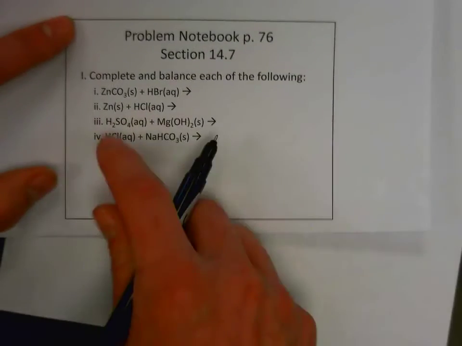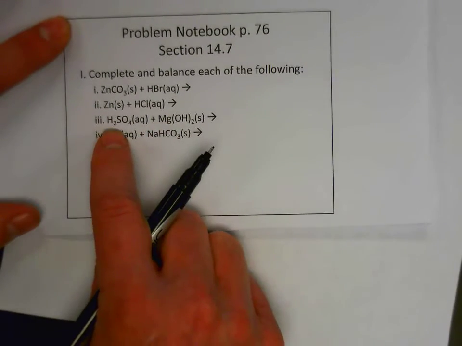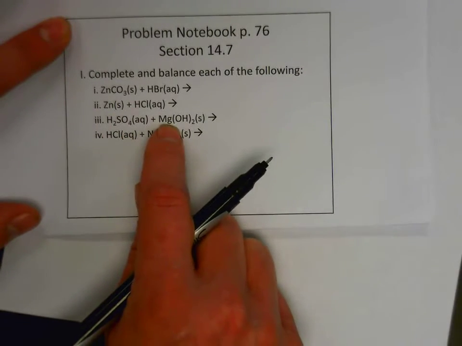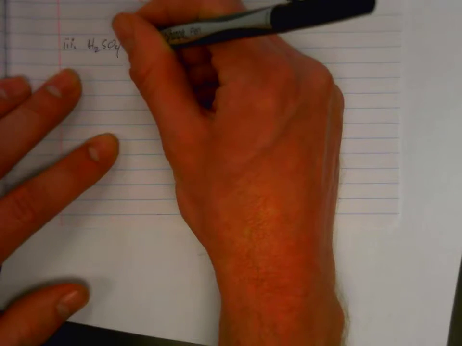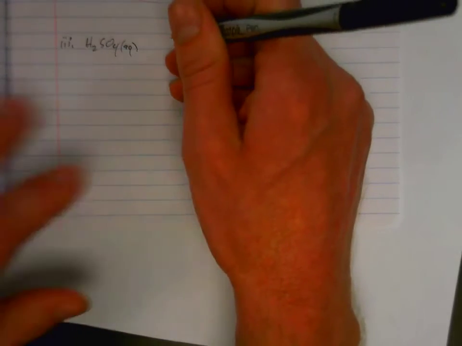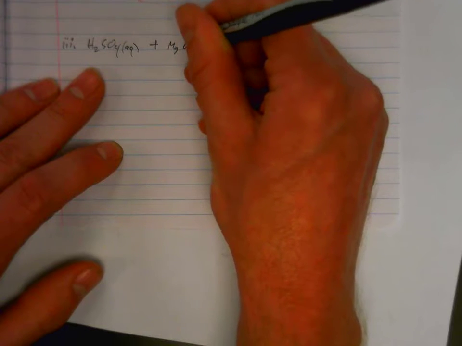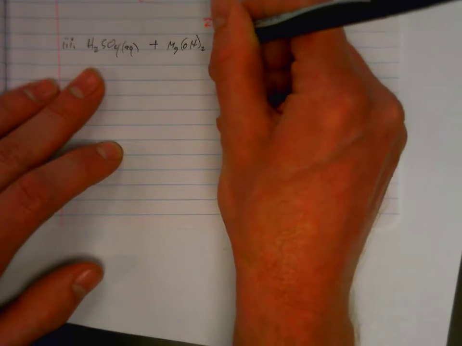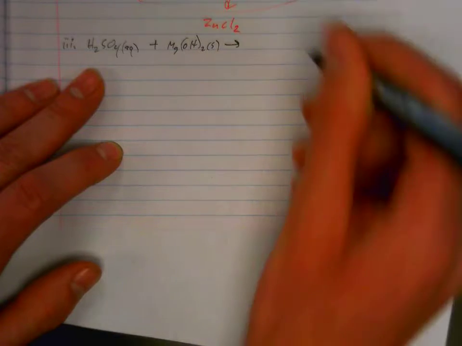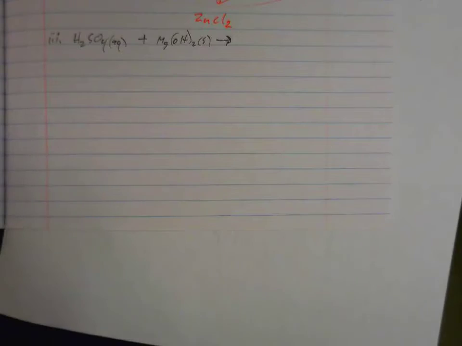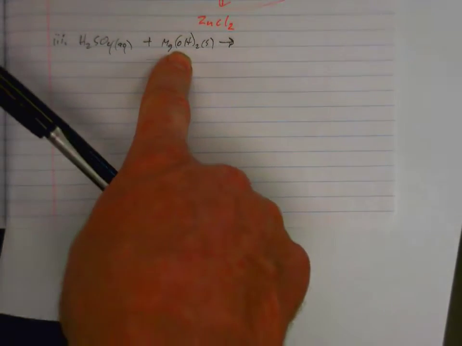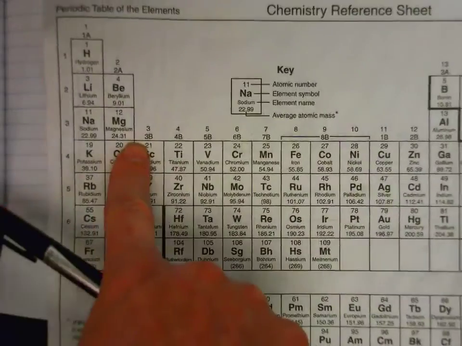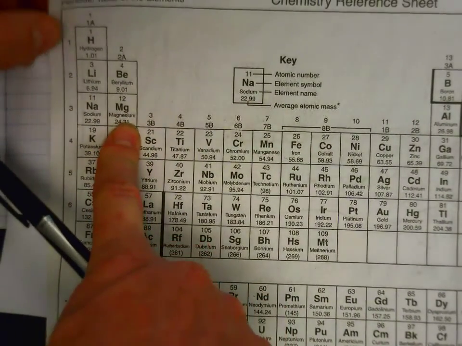So next we have H2SO4 and Mg(OH)2, sulfuric acid and magnesium hydroxide. Since we have here an acid, sulfuric acid, and magnesium hydroxide, hydroxide in combination with a group 1A or 2A element often means it's a strong base.